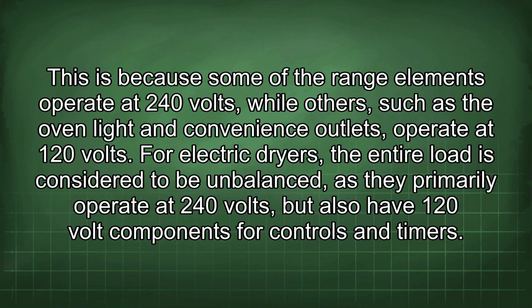This is because some of the range elements operate at 240 volts, while others, such as the oven light and convenience outlets, operate at 120 volts. For electric dryers, the entire load is considered to be unbalanced, as they primarily operate at 240 volts, but also have 120 volt components for controls and timers.